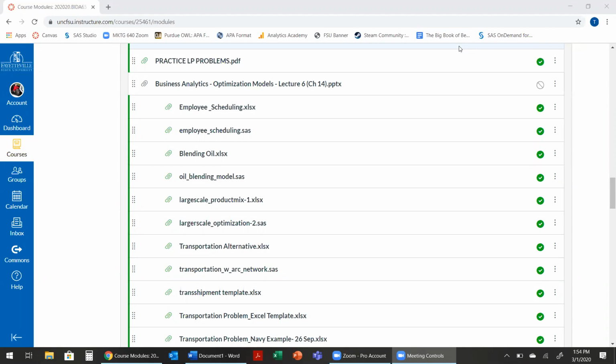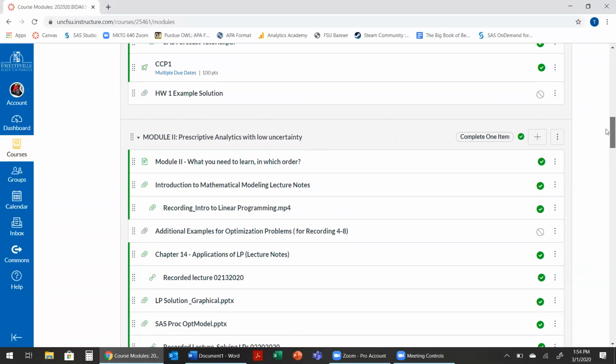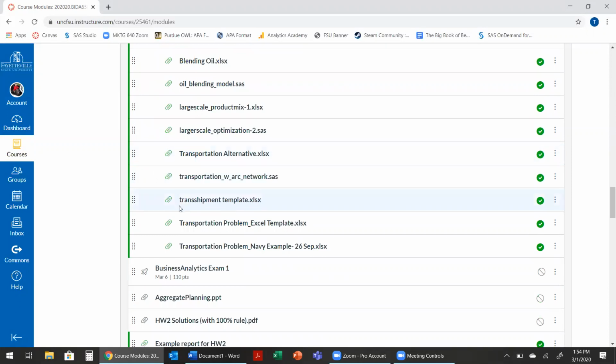For question 2, we're going to use the transshipment template in the module under module 2, prescriptive analytics, the Excel spreadsheet transshipment template.